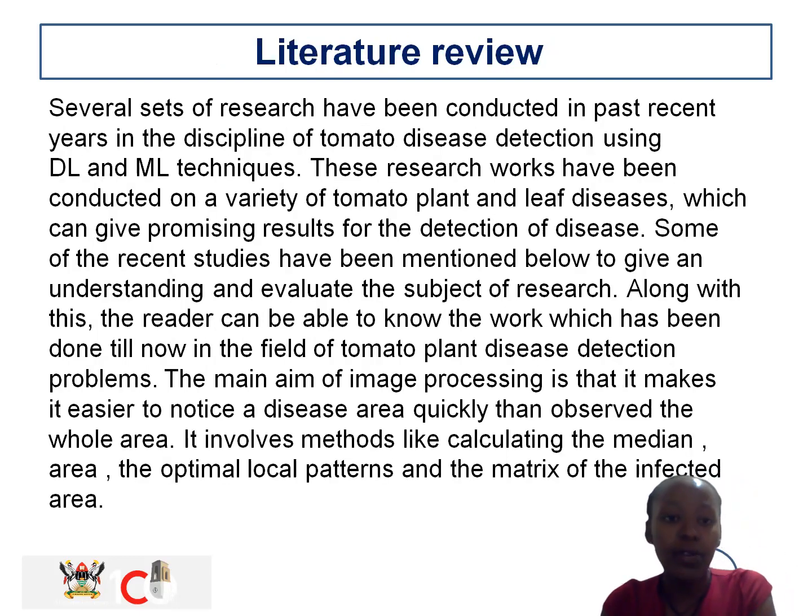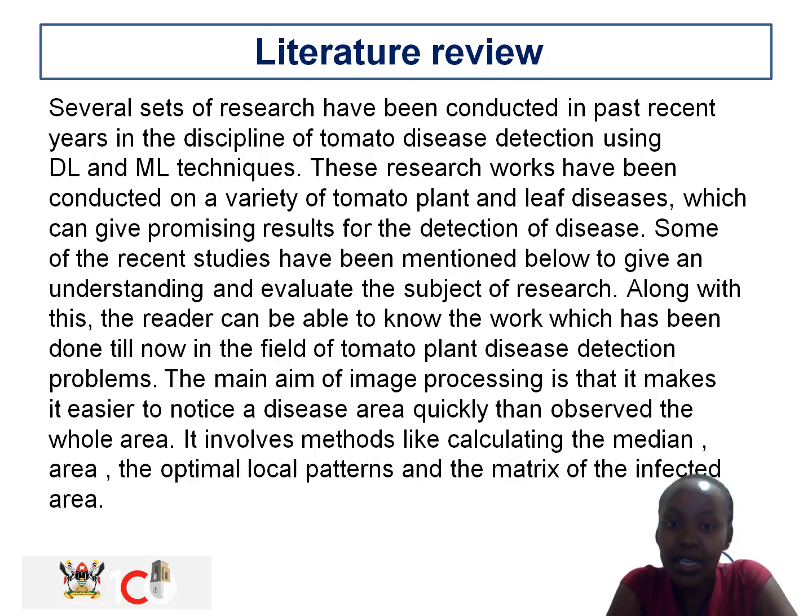On the literature review, several research works have been conducted in recent years in the discipline of tomato disease detection using deep learning and machine learning techniques. These research works have been conducted on a variety of tomato plants and leaf diseases, and can give promising results for the detection of diseases.